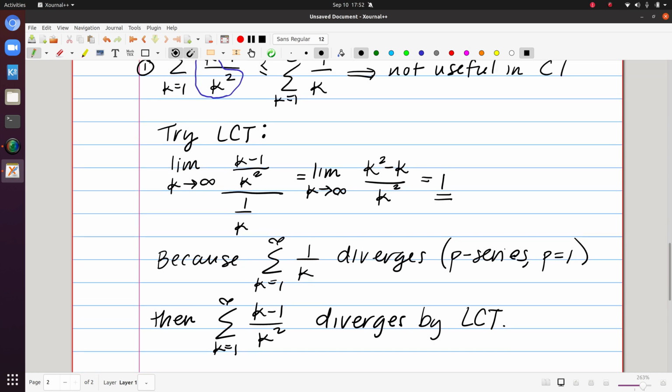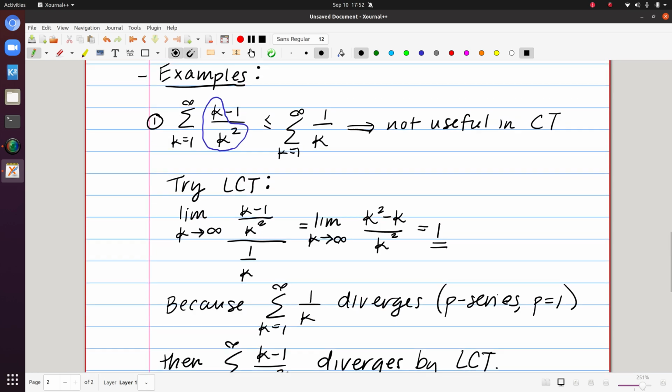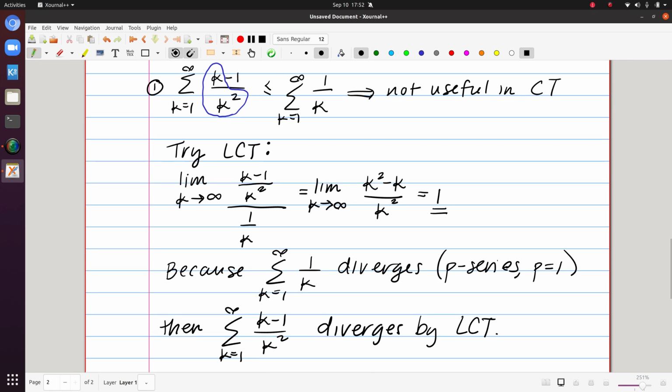So one question that I'm often asked when I teach this in person is about my arrangement of the top and the bottom and that limit there. So I took the terms of my original series and divided them by the terms of the series that I'm trying to compare it to. It does not matter if somebody else had flipped those and had 1 over k divided by k minus 1 over k squared.